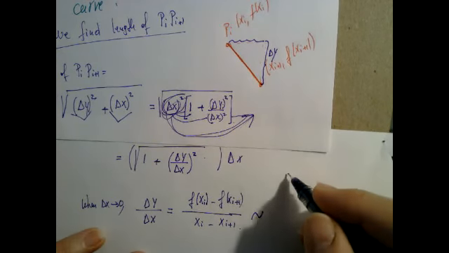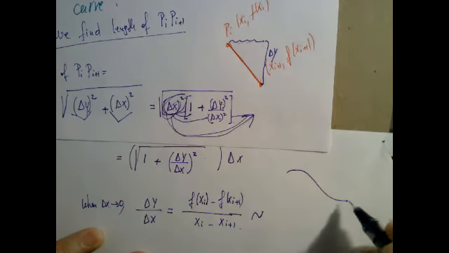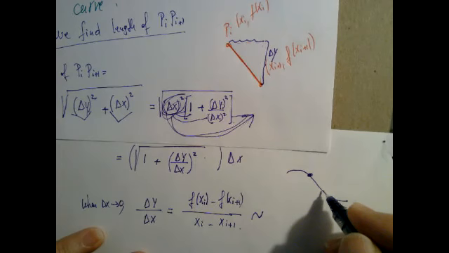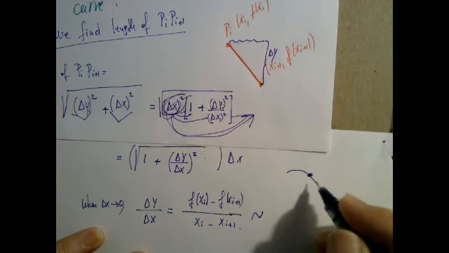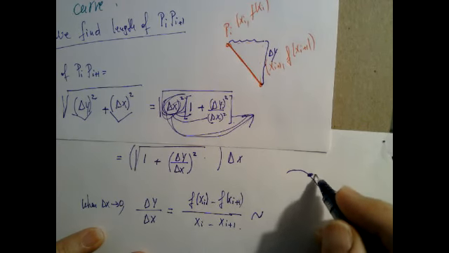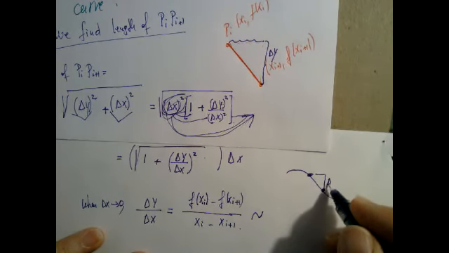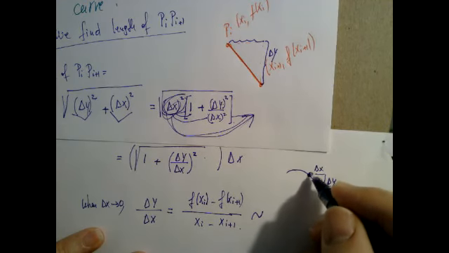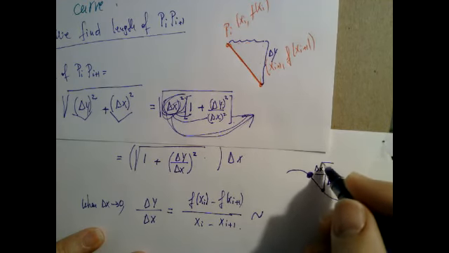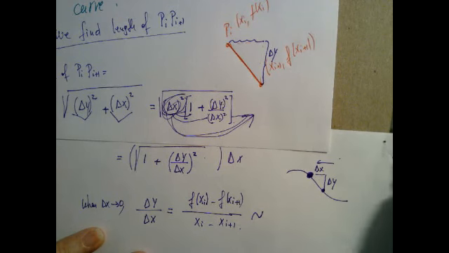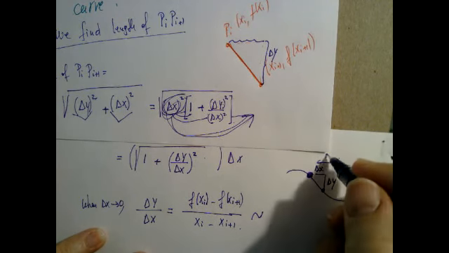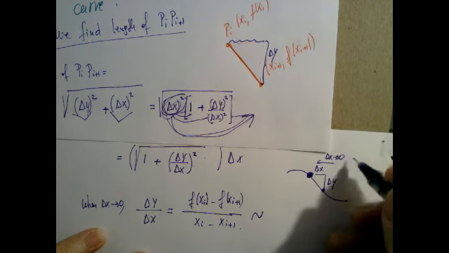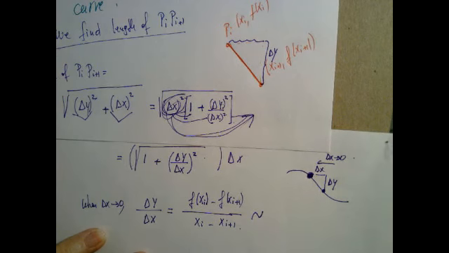So remember, if you have a curve, like we had, this is xi and this is xi plus 1. And I take the delta y over delta x. And then I'm going to let delta x become very small. Does this remind you of anything?